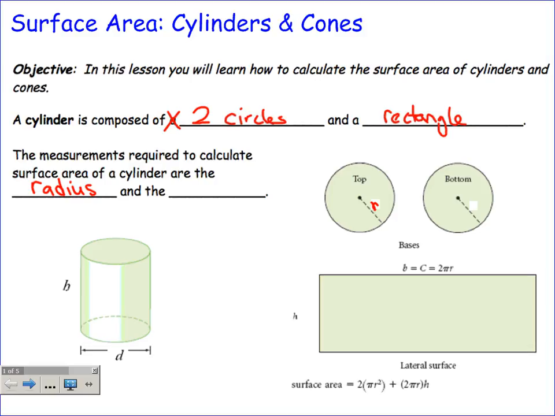The other thing we need is the length of the rectangle, which is going to be 2 pi r, the circumference of your circle, because you unrolled that thing and ironed it out. The only other thing we need is the height. So all we really need is a radius and a height, and we can solve for the surface area.